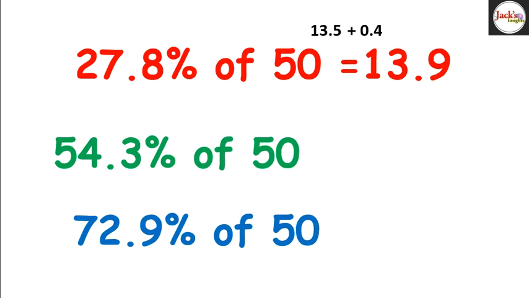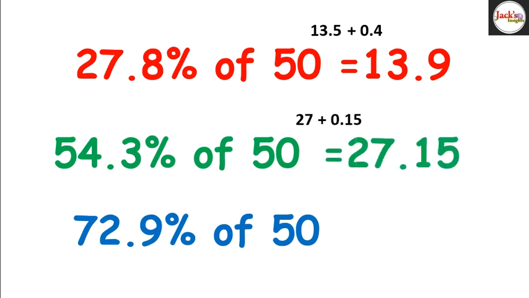So what is half of 54? That is 27. Now half of 0.3. So let us consider 0.3 as 30. What is half of 30? That is 15. Therefore, that is 0.15. 27 plus 0.15, that is 27.15. Therefore, 54.3% of 50 is 27.15.